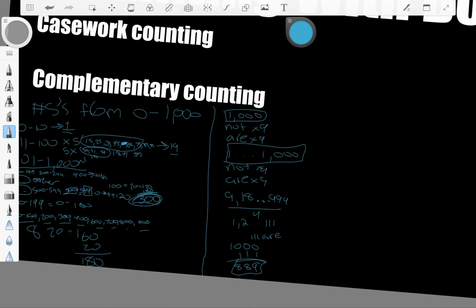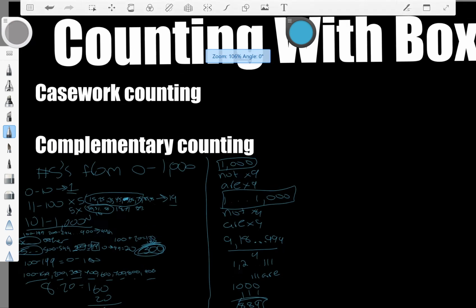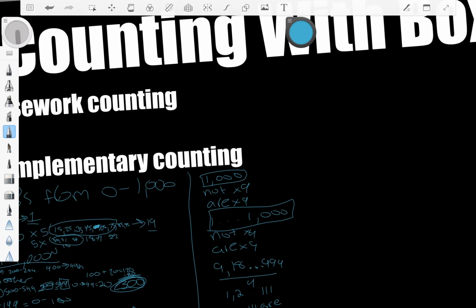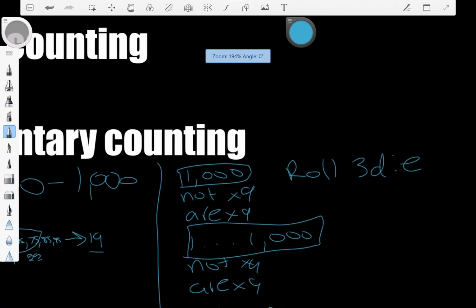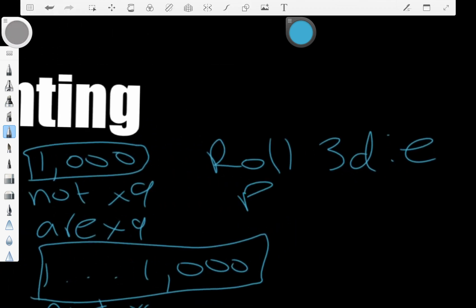And this is a super useful trick in probability. I'll show you how now, just so you can get an intro. Let's say you roll 3 dice. What's the probability that we don't get a 6?